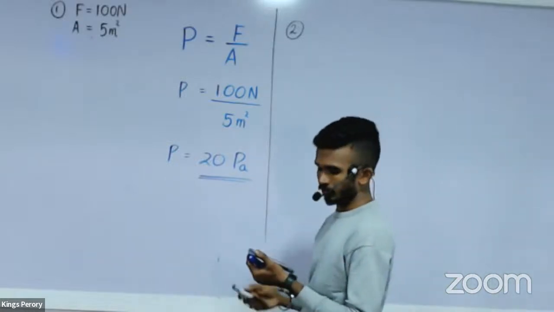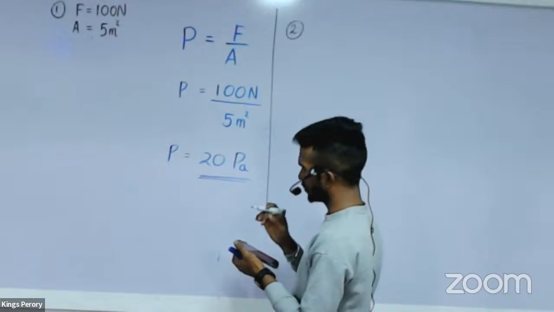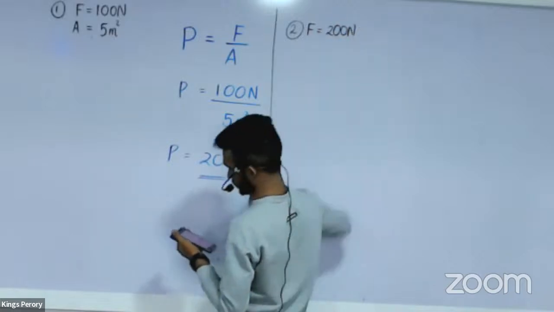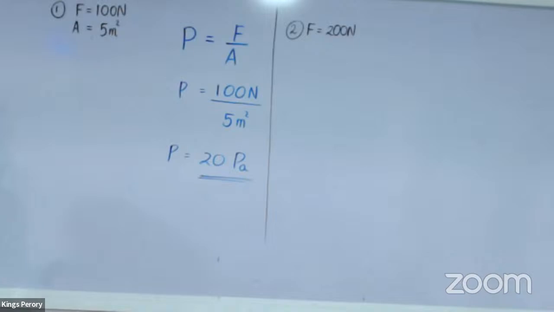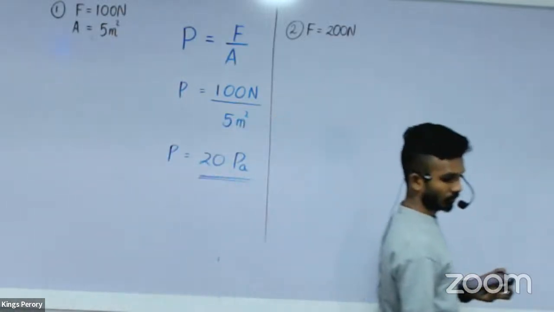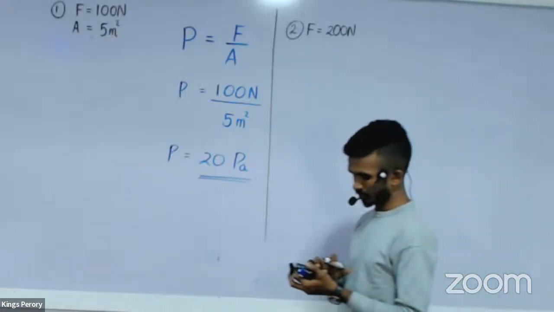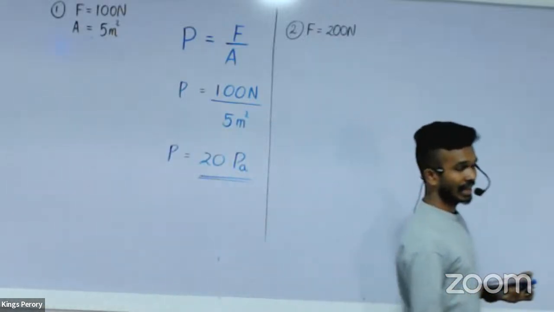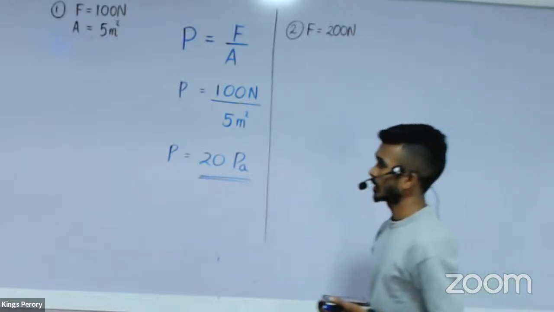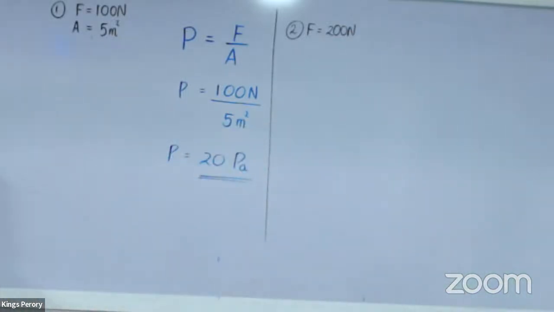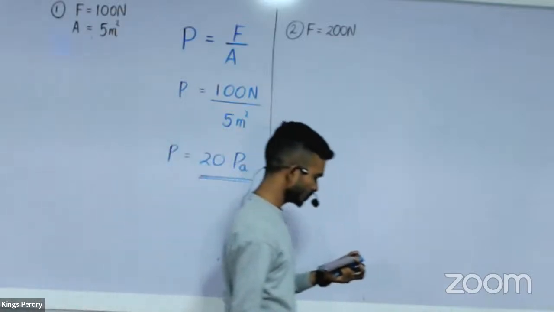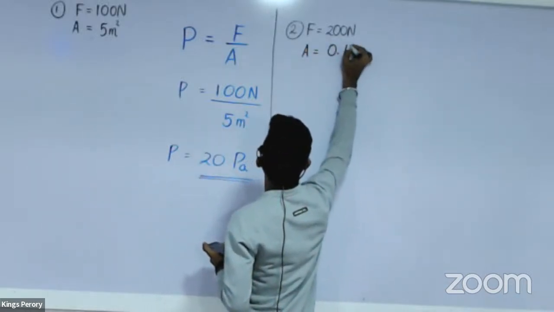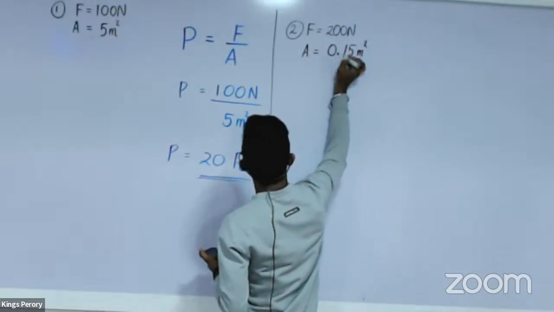A perpendicular force of 200 Newton is acting on an area of 0.15 meter squared.